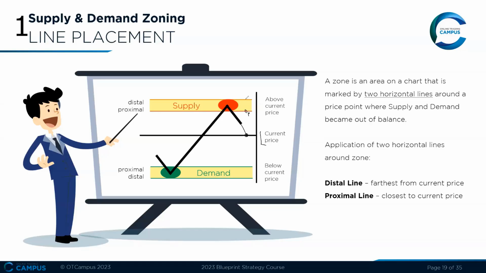And the one that's furthest away, that's the distal. And vice versa, in terms of demand, if you look below current price, the line that's closest to current price is called the proximal. And the line that's furthest away from current price, that's called the distal.